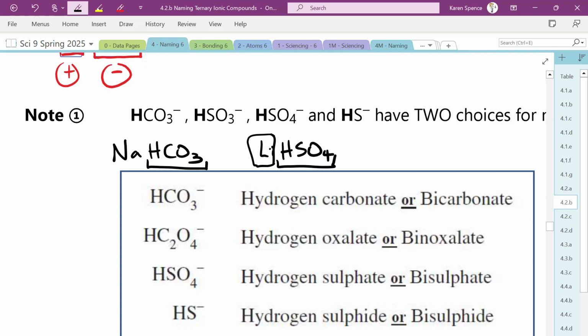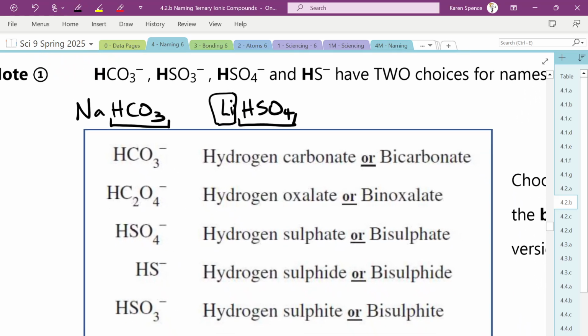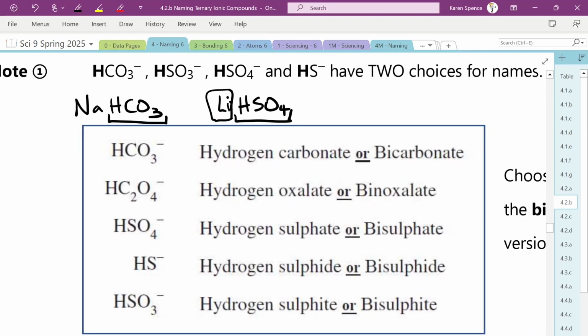You don't actually have to literally box it every time, but if you find it helpful, you can. They have two different names that you could use. You can either name them hydrogen carbonate, HCO3, or bicarbonate, your choice. Don't do both of them, just pick one, okay? I don't care which one, just pick one, okay?